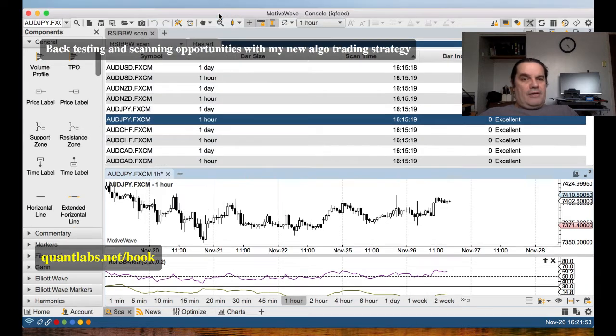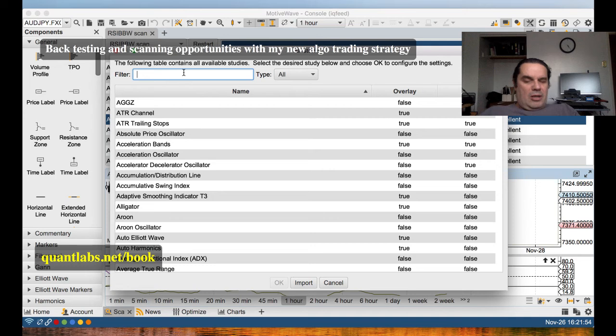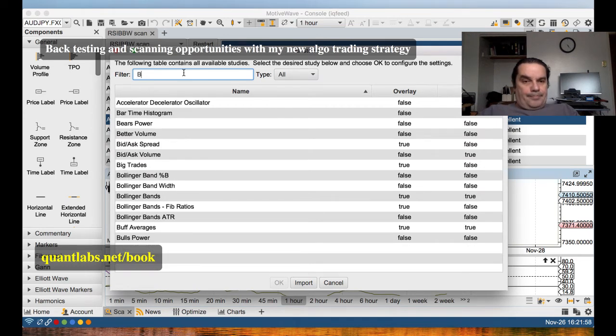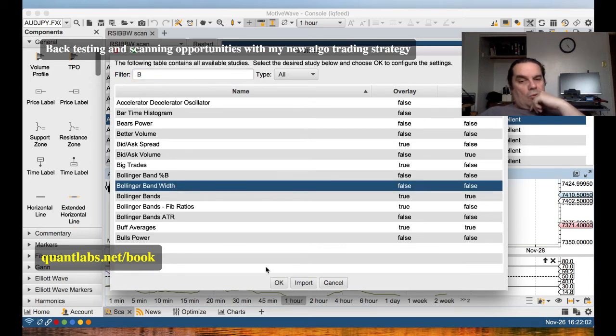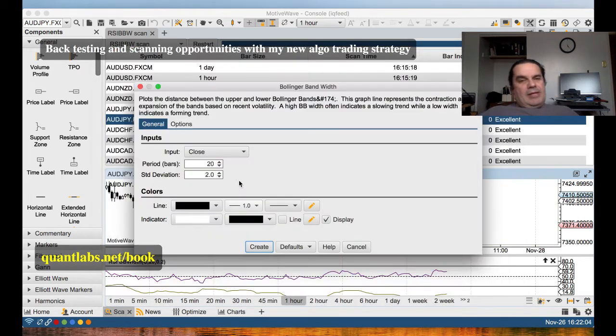So in here, if I call it Bollinger bandwidth, typically, just in a nutshell, I've shown this before. There's a graphic line showing the contraction and expansion of the two bands.